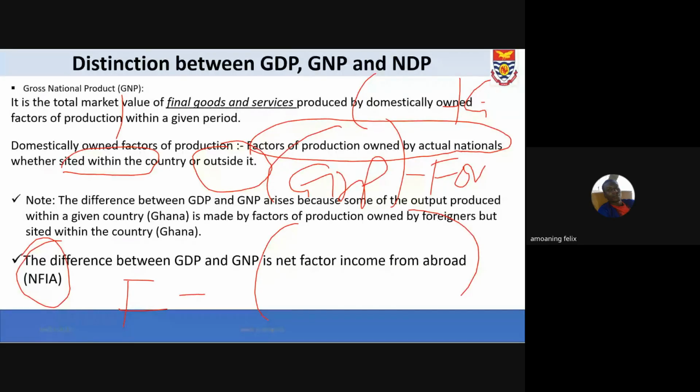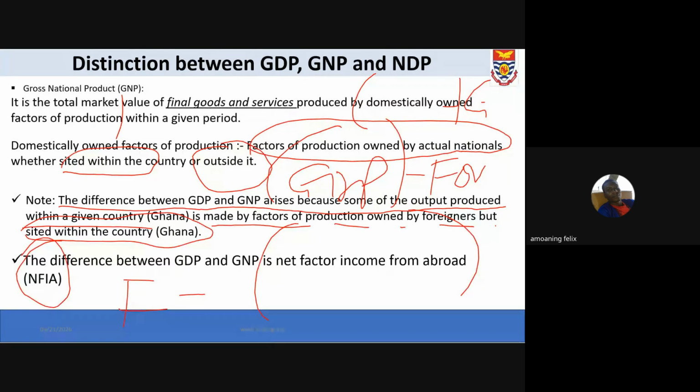So I'm saying that the difference between the GDP and the GNP arises because some of the output produced within the country is made by factors of production owned by foreigners. But these foreigners are staying in Ghana. So we have to take them out and bring in the Ghanaians who are living abroad. The difference between the two is what we term the net factor income.